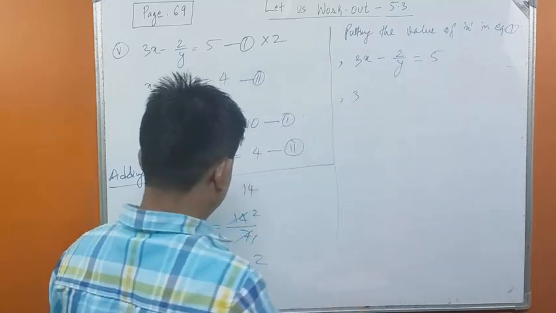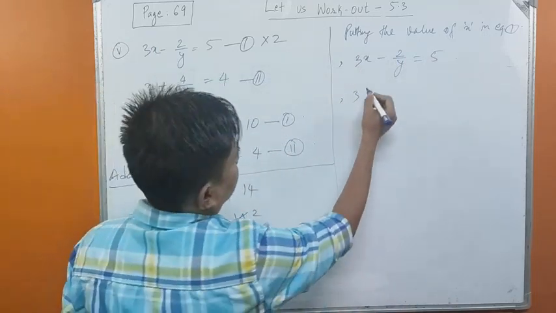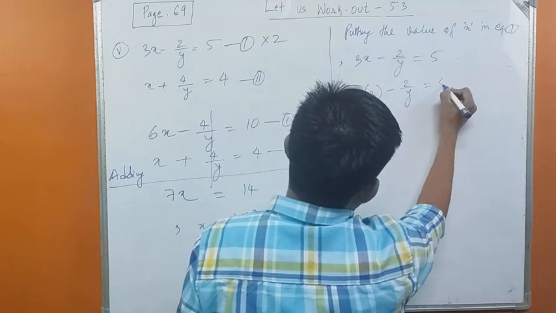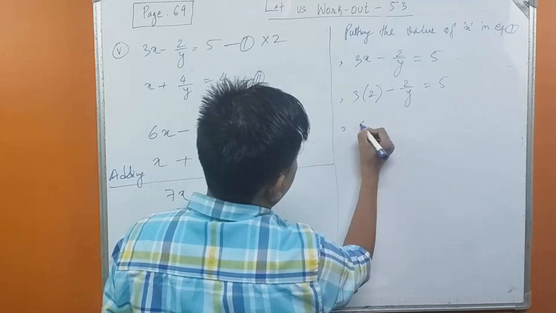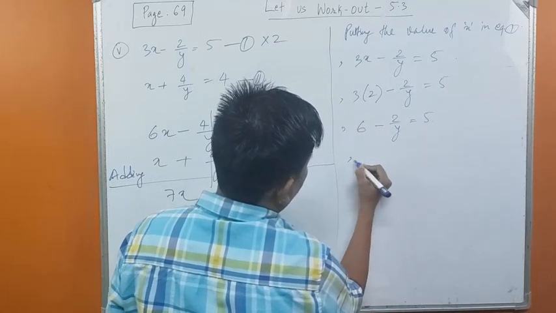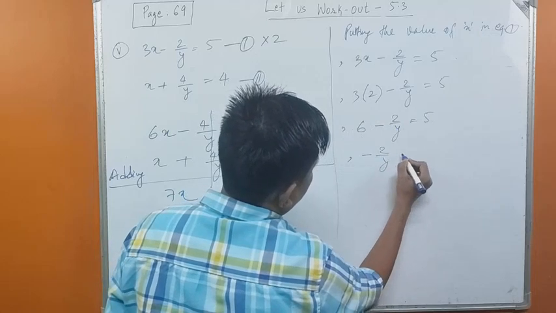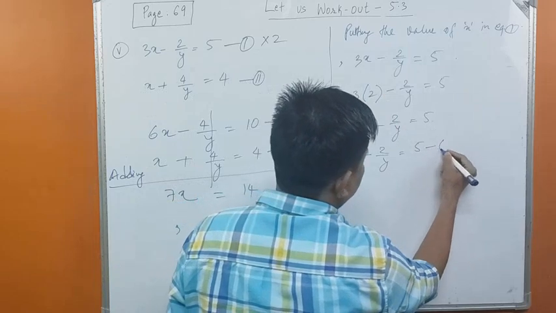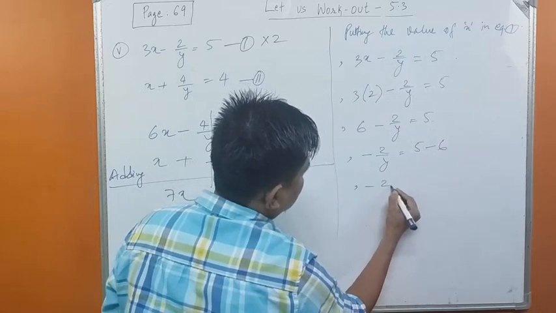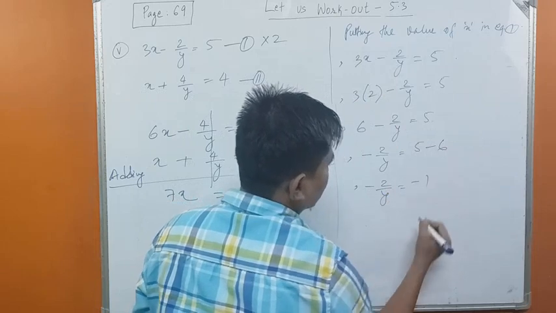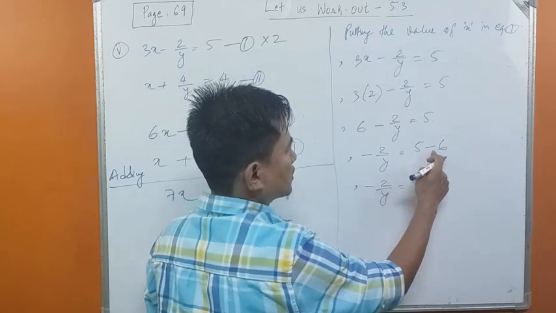Or 3x, x is 2, minus 2 upon y equals 5, or 3 2s are 6, minus 2 upon y equals 5, or minus 2 upon y equals plus 5. Let us take this plus 6 to the right hand side, becomes minus 6, or minus 2 upon y equals plus 5 minus 6 is minus 1, isn't it?